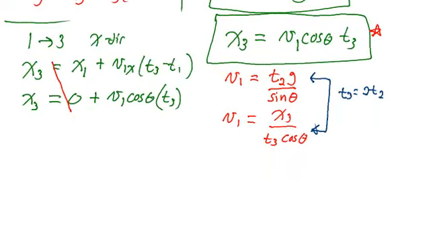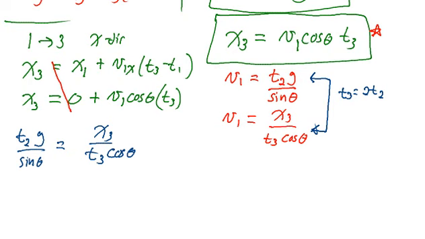Let's take the left-hand side, t2g divided by the sine of theta, and the second equation's right-hand side, x3 over t3 cosine of theta.